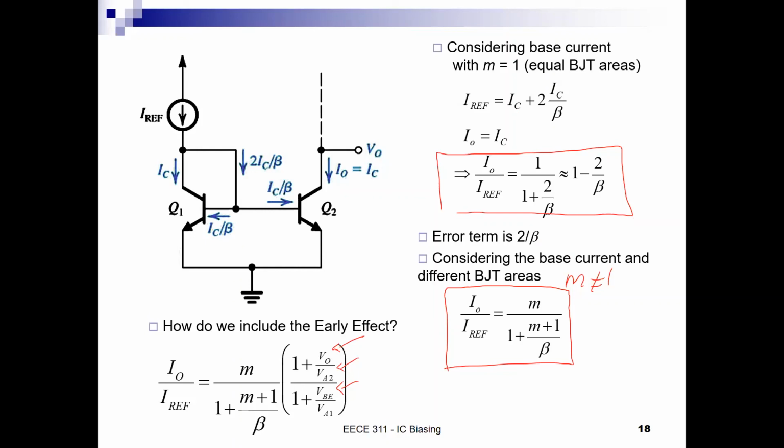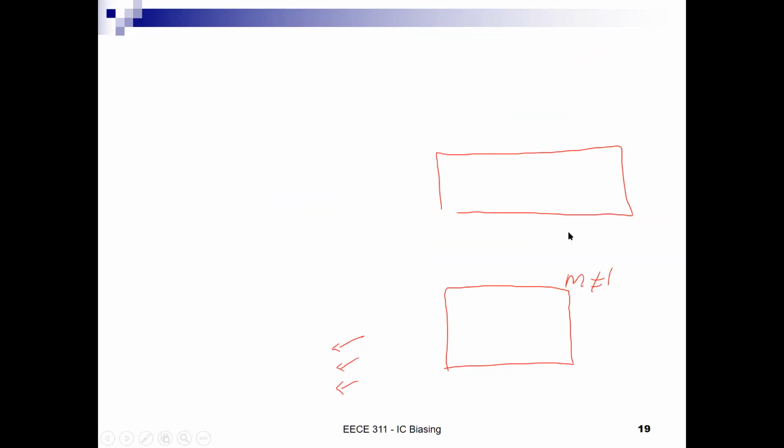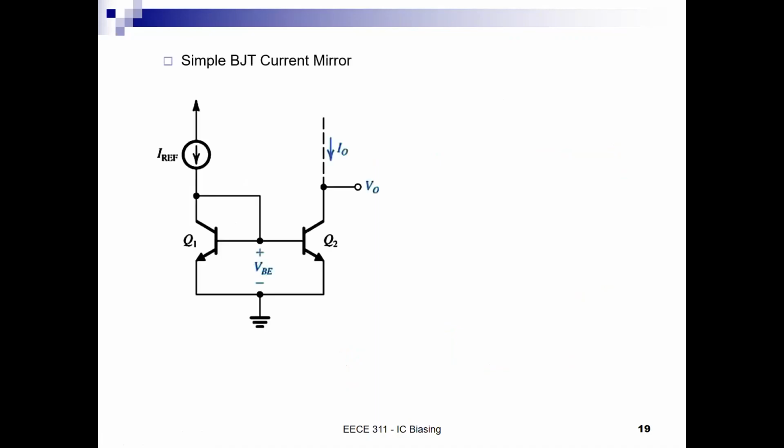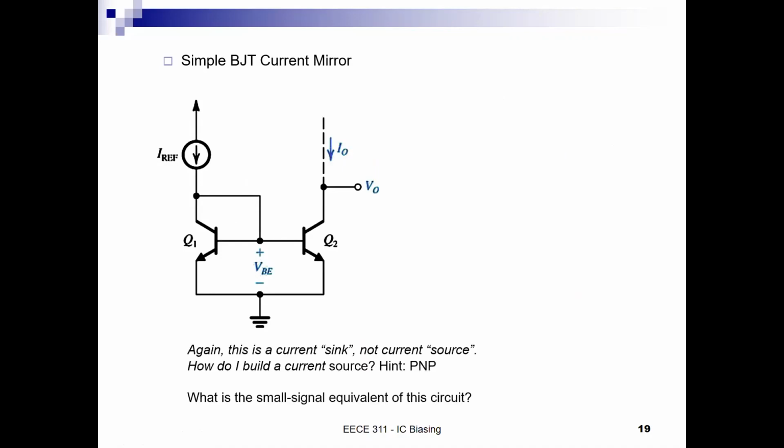Anybody has a question about this? Okay, great. So know that there is base current and know that there is an error term because of the base current. So this is a simple BJT current mirror as we spoke about it. This is a current sink, not a current source.